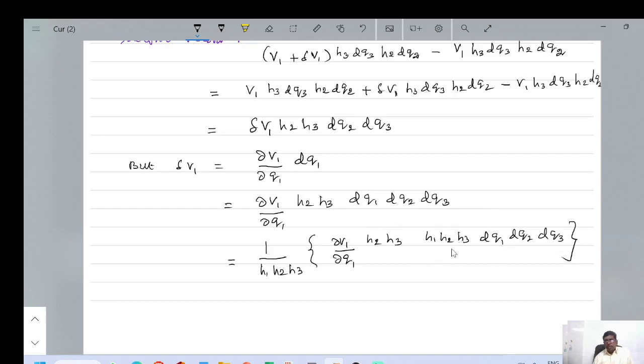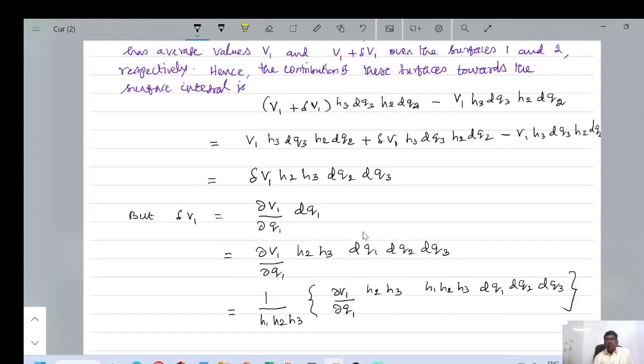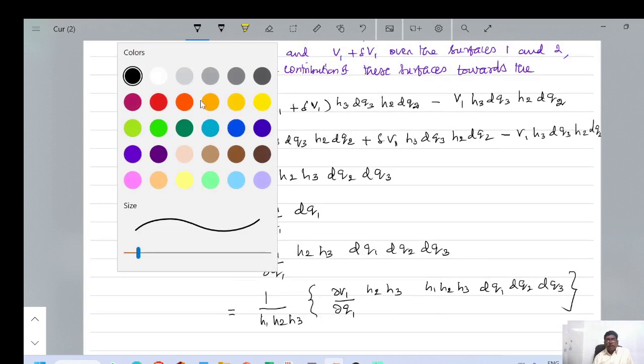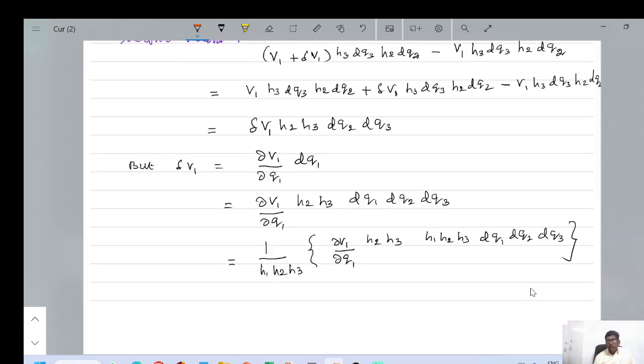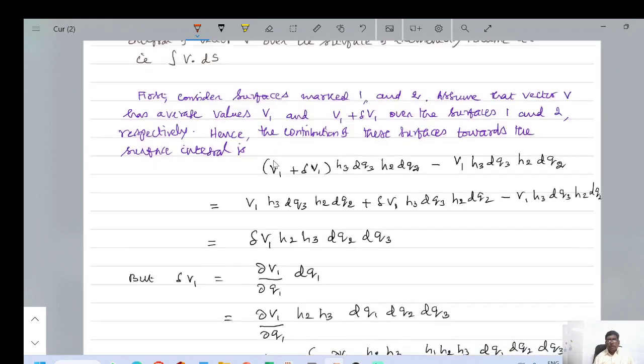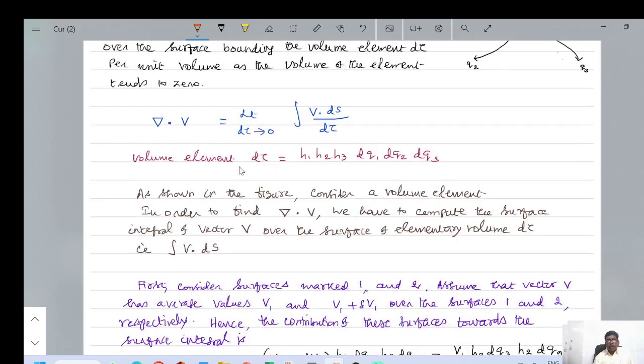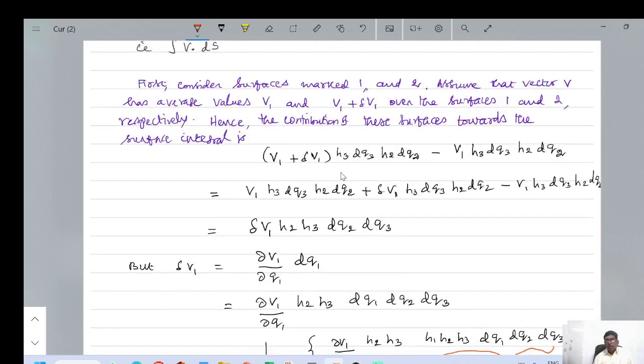Multiplying and dividing by h1 h2 h3, there is no change in the value. We know that h1 h2 h3 dq1 dq2 dq3 is our d tau. Already we have pointed out the volume element d tau equals h1 h2 h3 dq1 dq2 dq3.